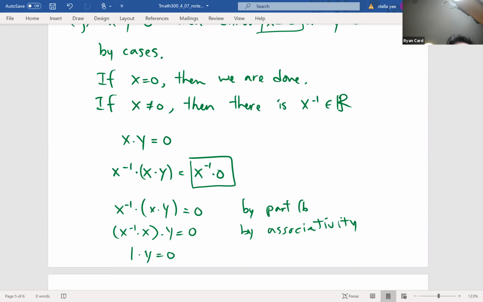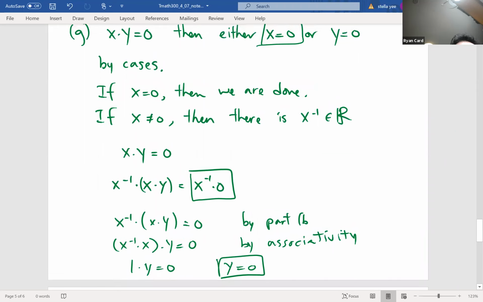And 1 times anything is equal to itself, which is y. So we end up with y equals 0. So if x is not equal to 0, then we can conclude that y is the one that has to be 0. So if x times y equals 0, one of these two things has to be true. So that's the end of that portion.